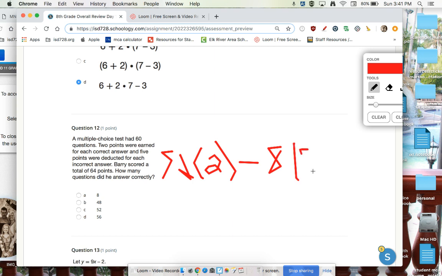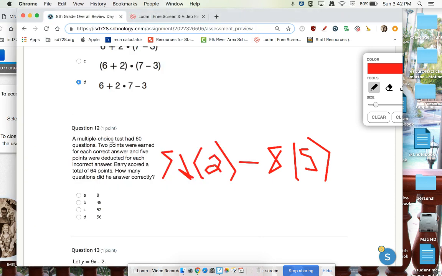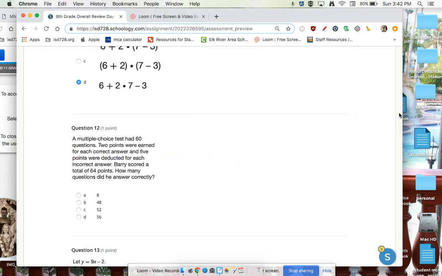And boy, that's quite the deduction. So I'm going to go 52 times 2, take away 8 times 5. So 52 times 2 points each, take away 8 wrong times 5 point deduction would be, enter, 64. I think I found it. What did he get? He got 64. Yes, we found it. So that was fun.